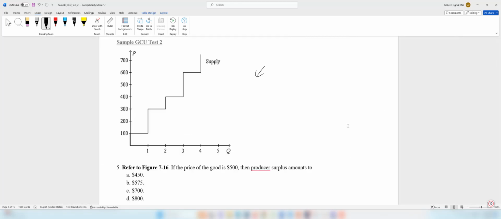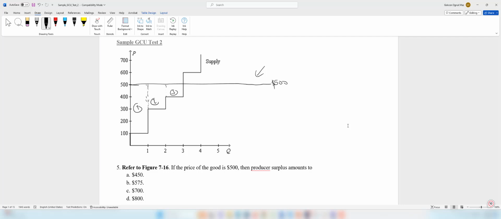Question 5. Here we have a stepwise supply curve. If the good price is 500, let's draw the price curve. This is $500. We need to calculate the producer surplus. We have one rectangle here, another rectangle, and so we need to calculate area 1, area 2, area 3 and sum them up. Why?